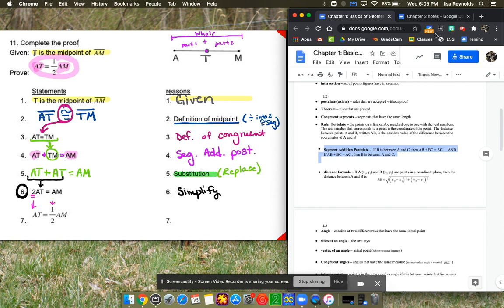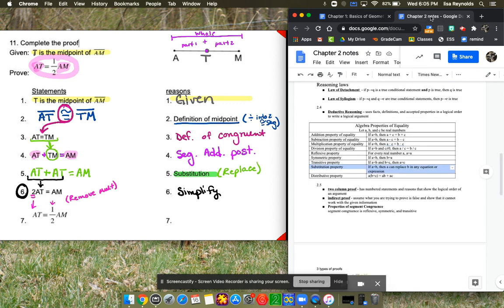So when I go back and look at how to remove a multiplication, we talked about removing calculations in the algebra properties, and we talked about how the division property can be used to remove multiplication, and how we could also use the multiplication property to remove multiplication with fractions. So this one can actually be the division property or the multiplication property.